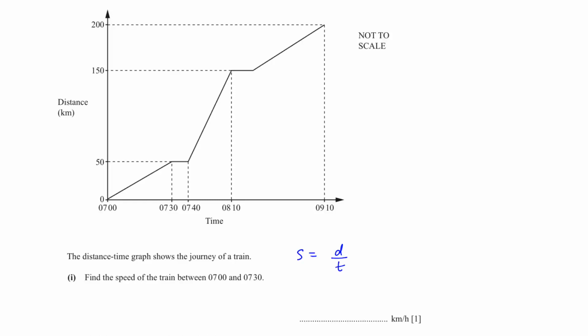So 7 to 7:30 is 30 minutes, but we have to find it in hours. To change the minutes into hours, we divide by 60, which will give us 0.5. So the distance, as you can see, is 50 divided by 0.5. You will get 100 kilometer per hour.